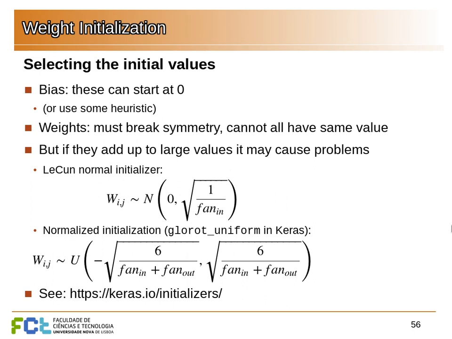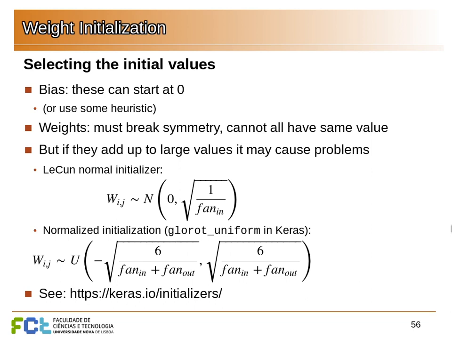So there are some initialization methods that take into account how many neurons are feeding into the neuron we're initializing. For example, this LeCun normal initializer will use a normal distribution centered on 0, and with the standard deviation that is 1 over the number of inputs that are feeding into this neuron.